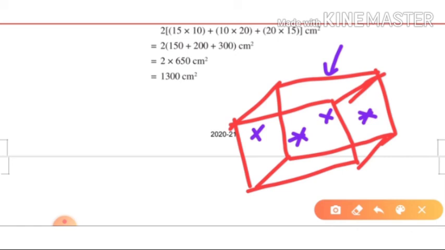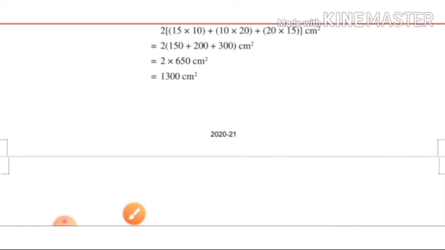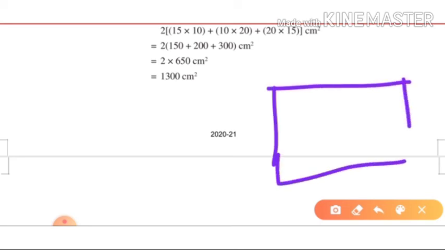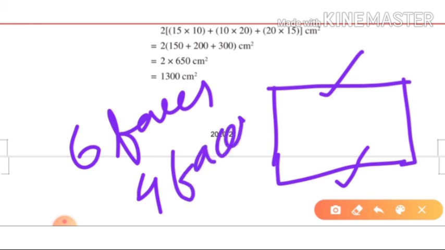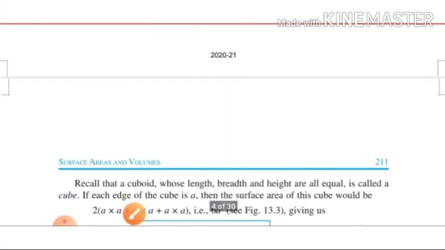We have to ignore the roof and the floor, the top and the bottom opposite faces. Out of the 6 faces, if we ignore 2, 4 faces are left.